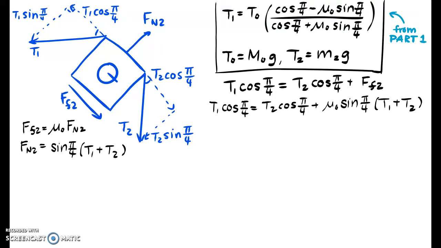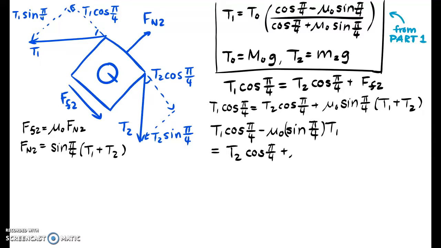All that remains is to solve for T2, so let's do that. We combine the T1s together, so we have T1 minus mu0 times sine pi over 4 times T1, and this is equal to T2 times cosine plus mu0 times T2 times sine of pi over 4.